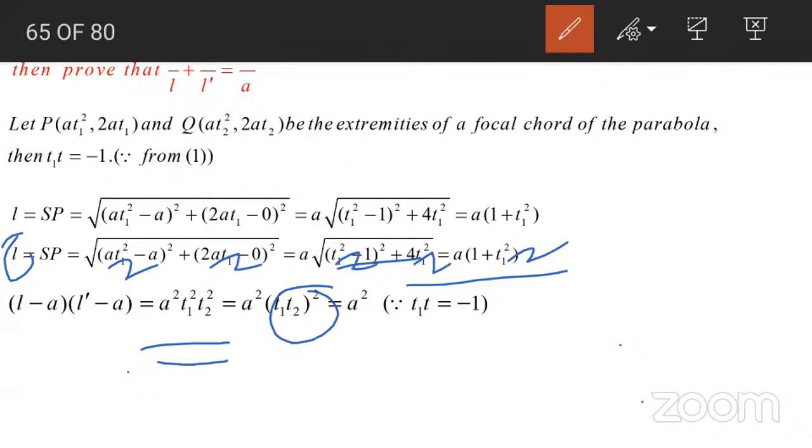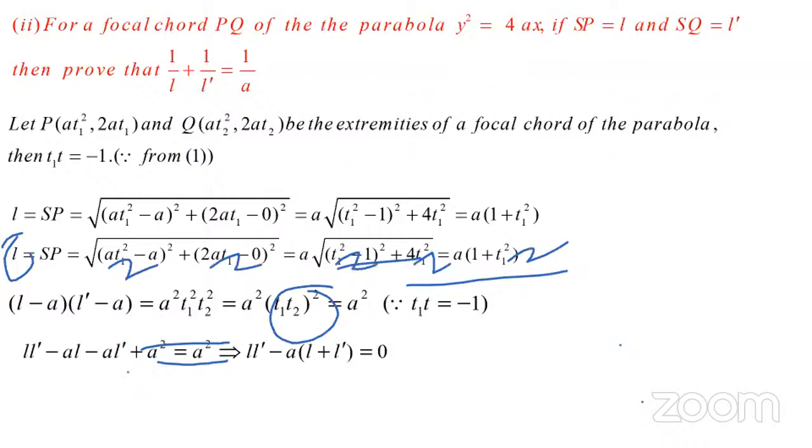So multiplying this one, (L minus a)(L dash minus a), L L dash plus a square equal to a square. L dash minus a plus L dash equal to 0. Just solve this one. So you will get 1 by L plus 1 by L dash equal to 1 by a.